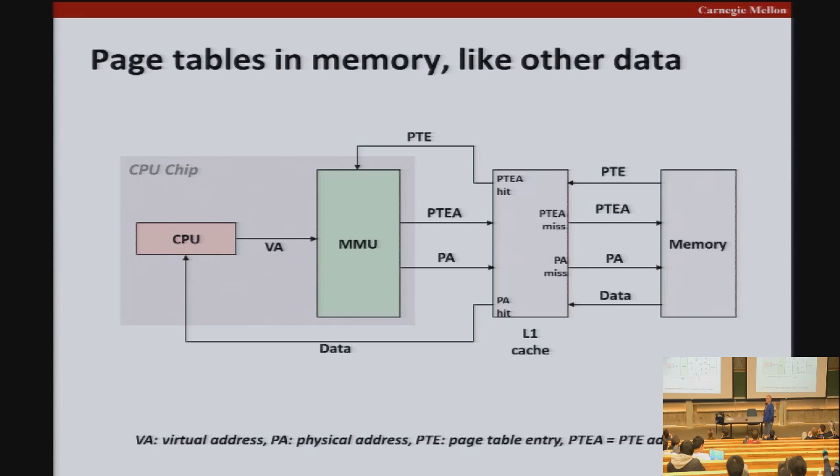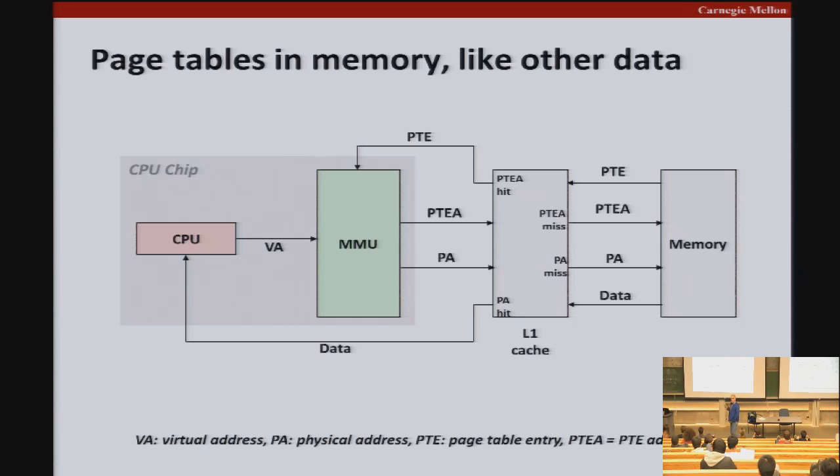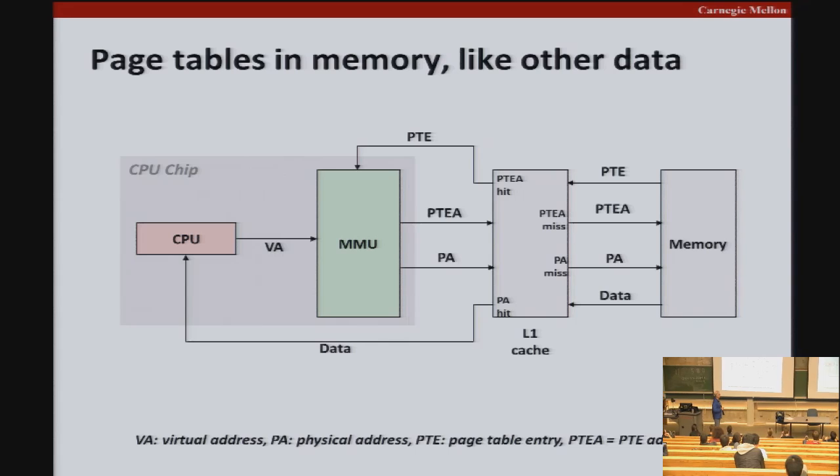So page table entries are just like any other data in memory. They sit in main memory. They are cached in the cache. Okay? So actually what happens when the page table entry address is presented to the memory system, it's first presented to the cache as any other kind of data request.